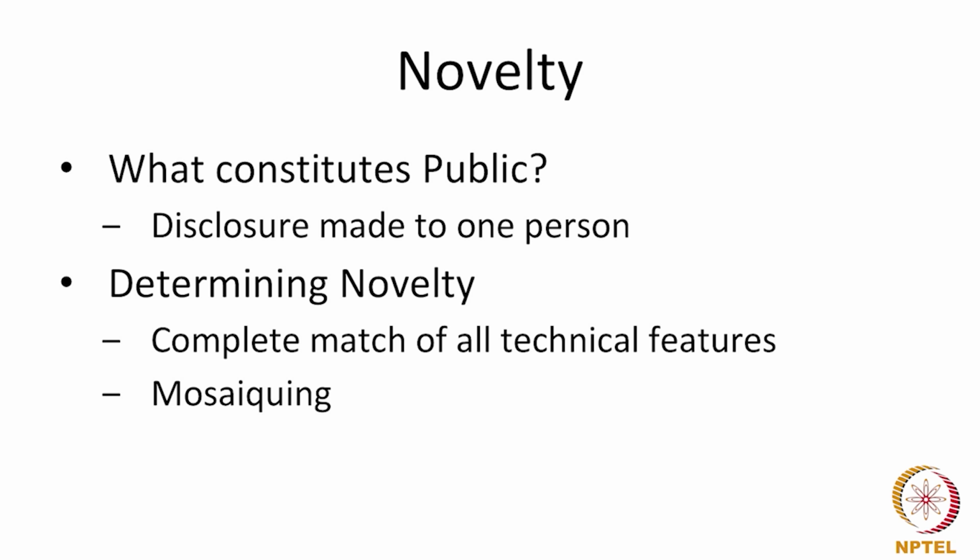In a novelty analysis, your sole concern is whether the invention as disclosed in the patent application has been anticipated before by publication or by use, and in anticipation you are going to look for a complete matching of the invention in the prior art. So, the disclosure that you find in the prior art should be a complete disclosure which maps all the technical features that have been claimed in a patent application.